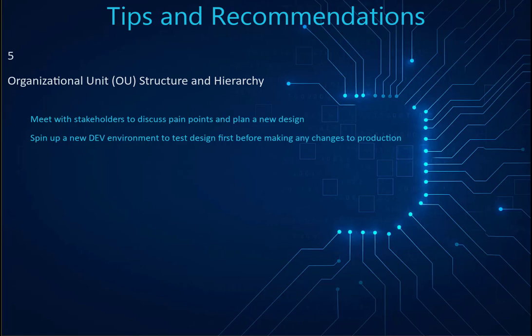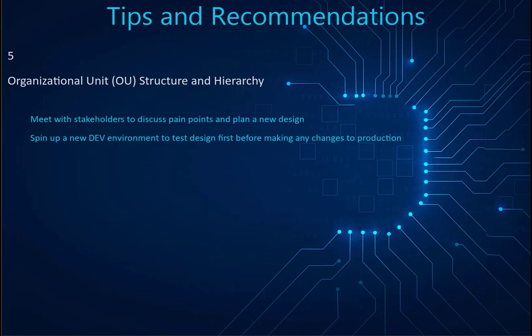And when you go to your production environment, what you'll want to do is spin up the new OU structure atop your existing structure and slowly roll out test devices and test users and test groups and test GPOs and all that kind of stuff, and slowly roll in maybe one organizational unit at a time, and troubleshoot along the way and make a slow migration path towards changing your old structure into your new structure.